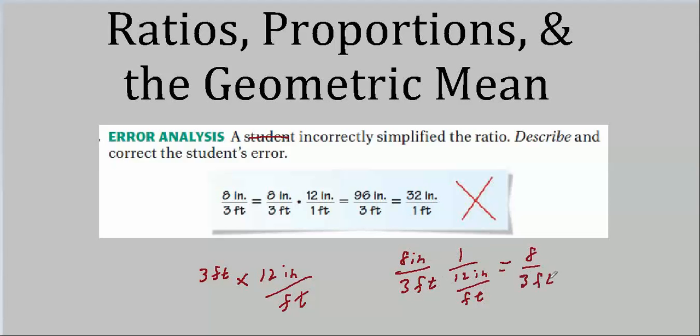Times, and now we have to invert that. Why? Well, let's look at it this way. What's 1 over A over B? Well, that just equals B over A, doesn't it? You just flip this.